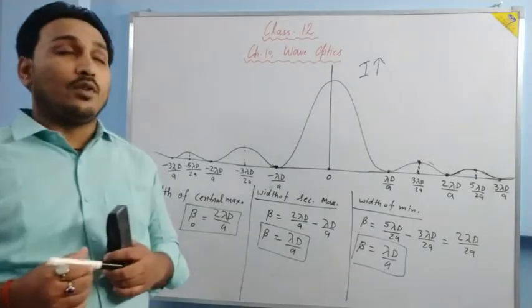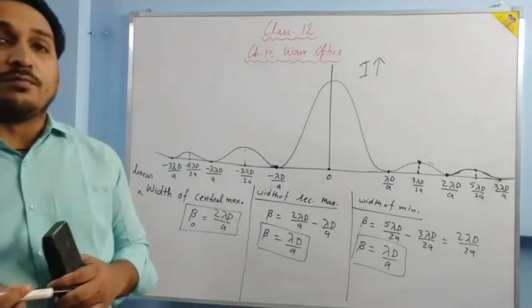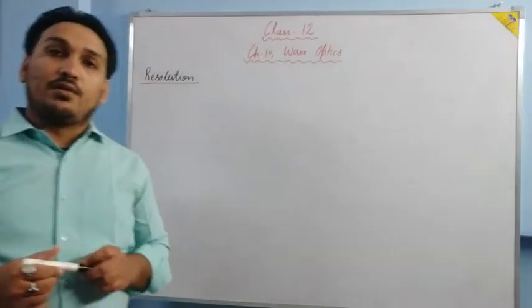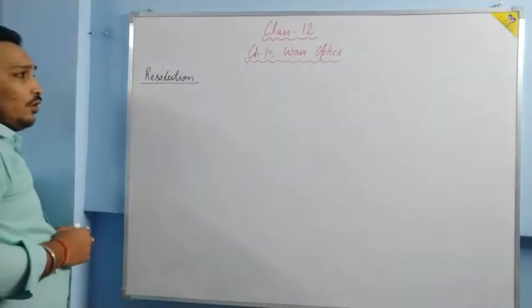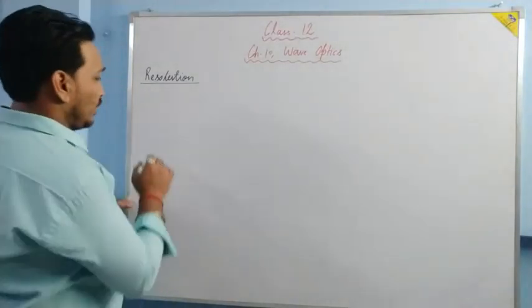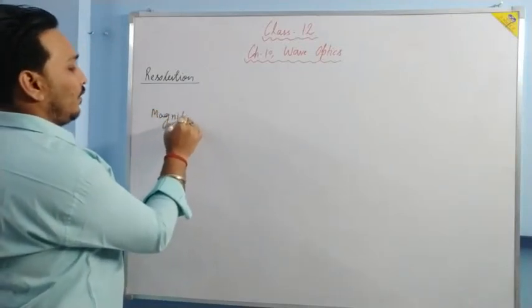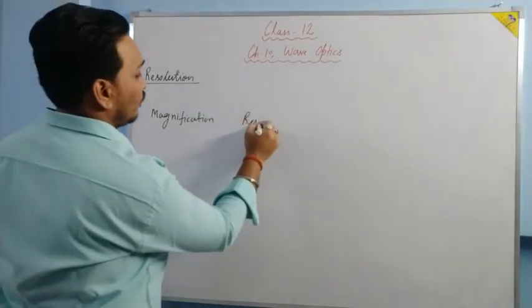Now today we are going to understand a new topic which is called resolution. What does resolution mean? Actually, there are two things. One is magnification, and the other thing is resolution.